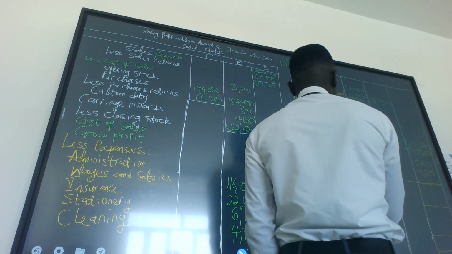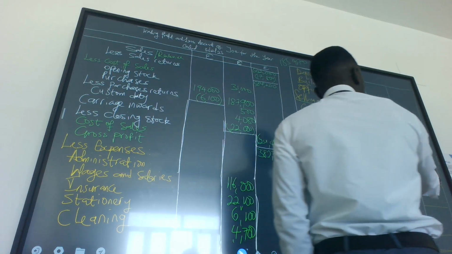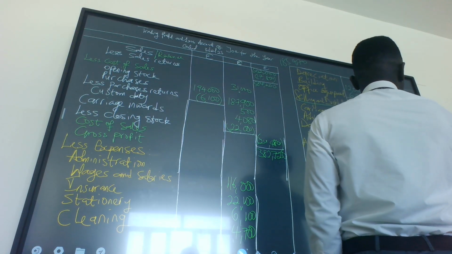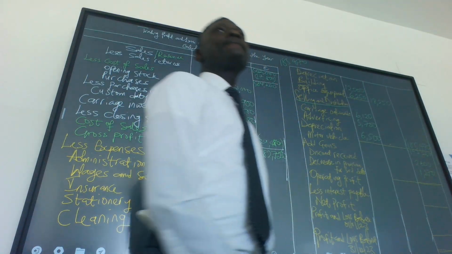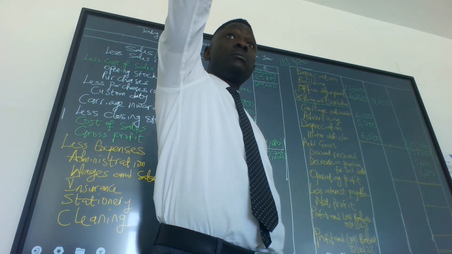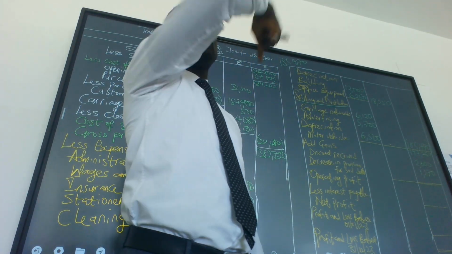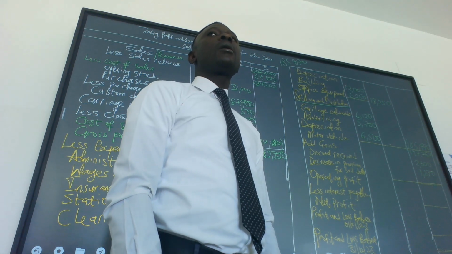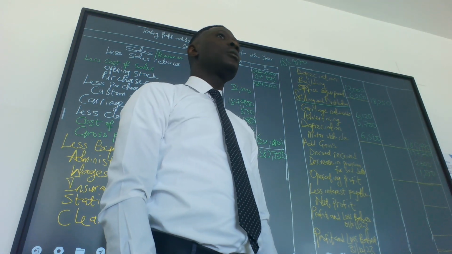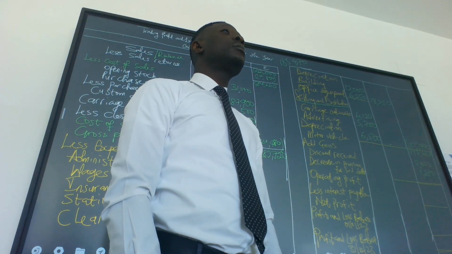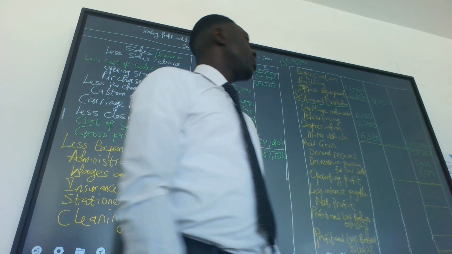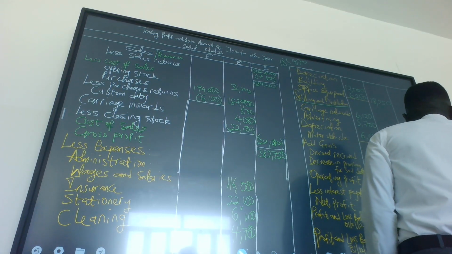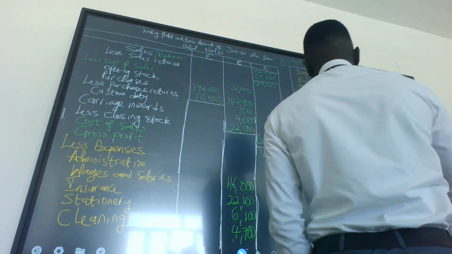Now we have the gains: discount received, decrease in provision. What does that give you, please? Stand up and stay there. After that, you're going out. 201,120, right? Yes. So that's our operating profit.